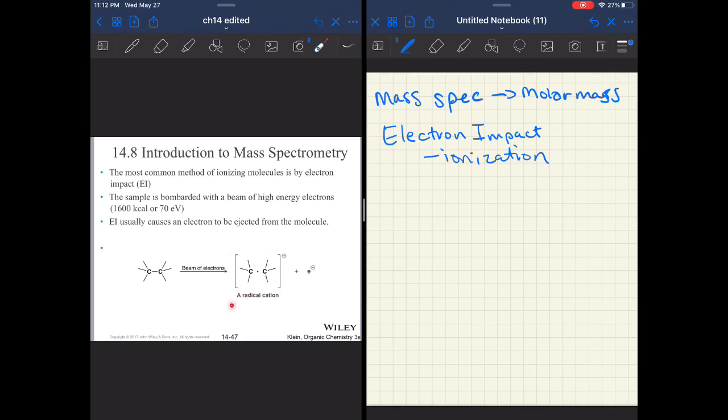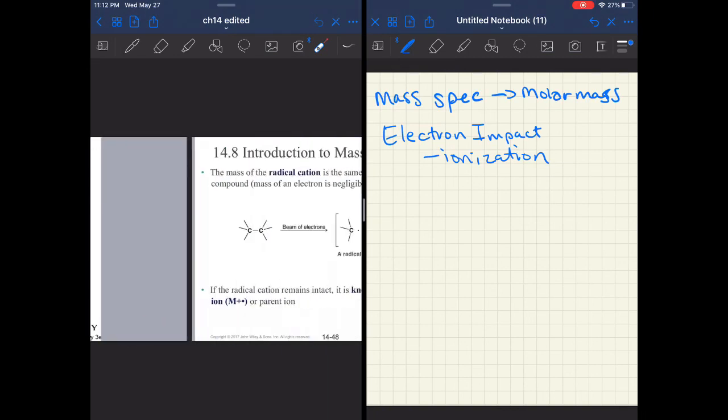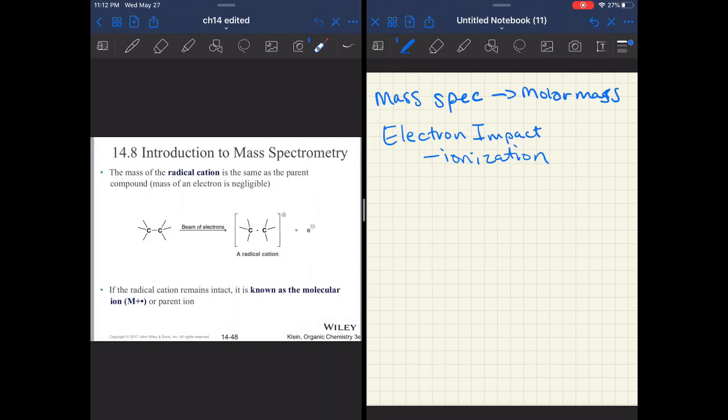All right, those radical cations, however, are not super stable. Let's keep track of some vocab here too. The molecular ion, or the M+ ion, that's your parent.